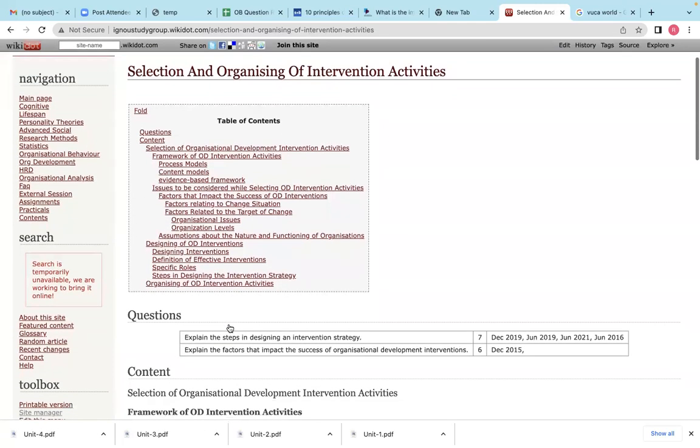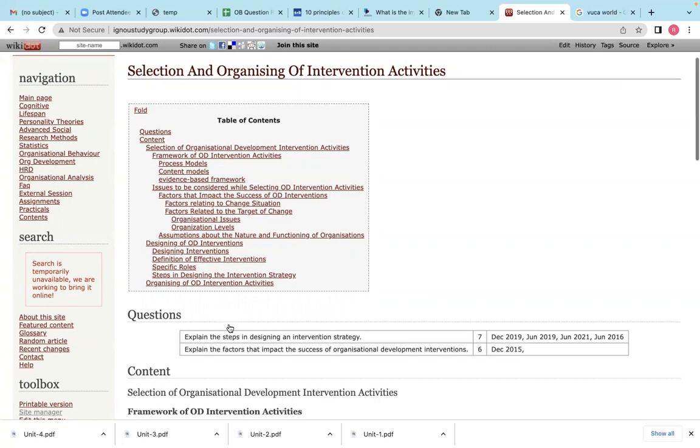In this unit, we are again deep diving into what the intervention activities are, what kind of interventions, what issues there are, and how to design a particular intervention. This is what this unit is all about.